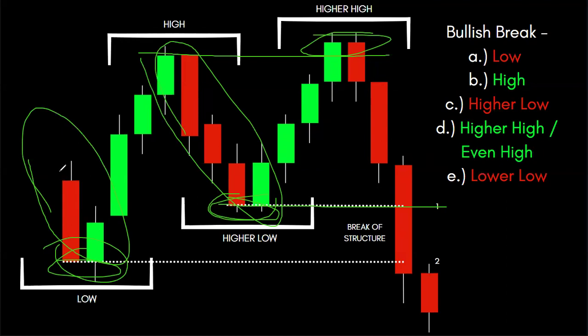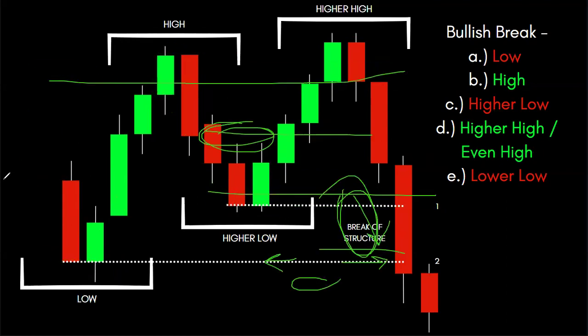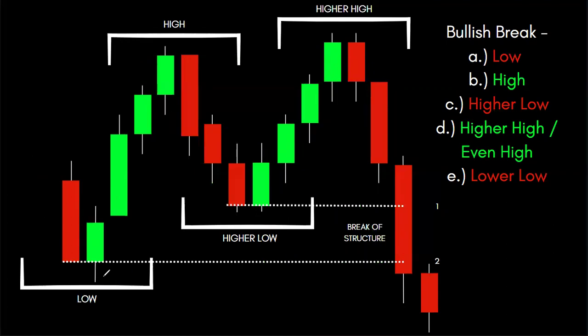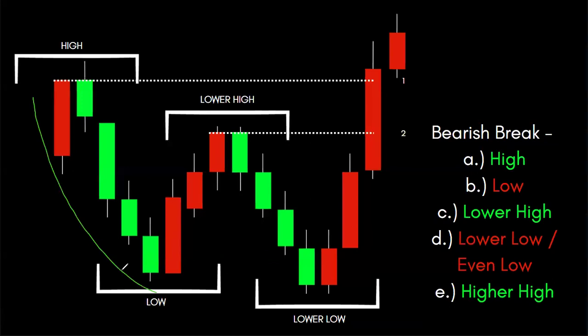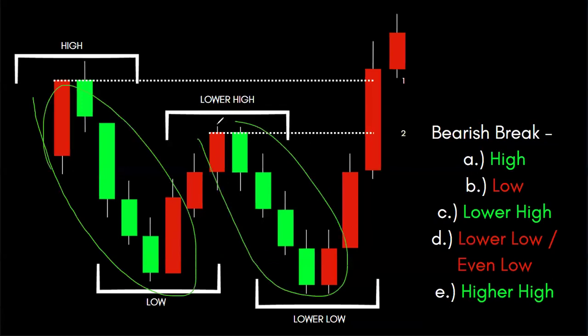So when we're going in the opposite, hold on, oh, clear all. So now we have the same thing, just in the reverse. We have these structure points for price to break. These are bullish structure points.